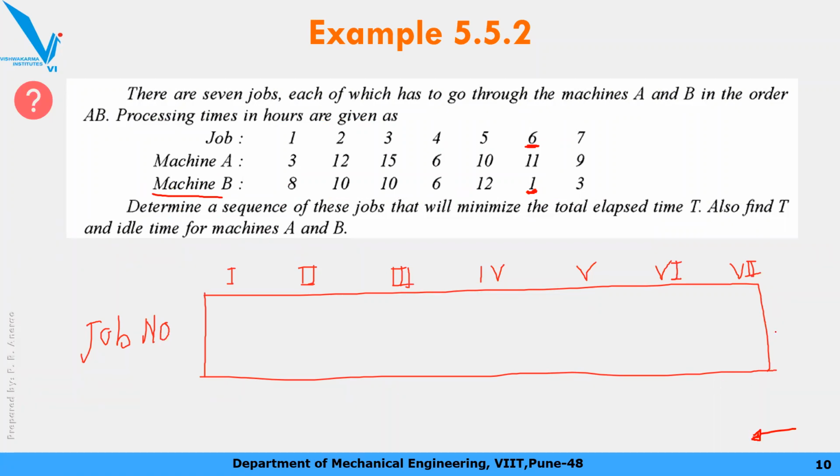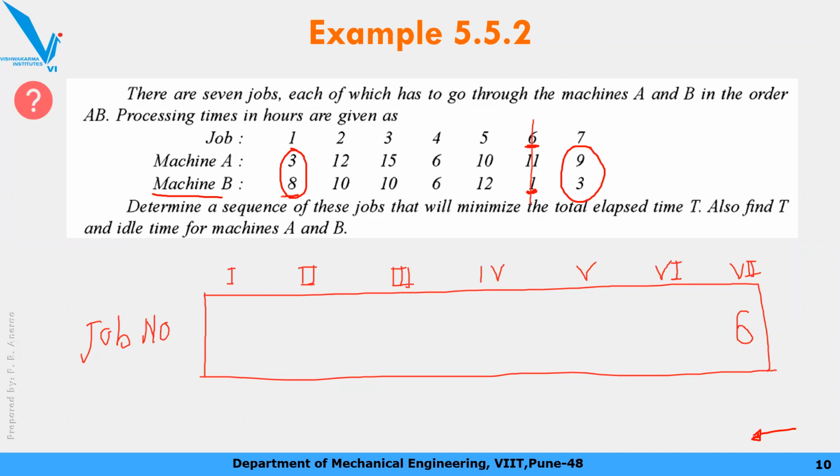Okay. So you assign job number 6 at 7th sequence. Okay. Then you cross out this. Its work is done. Next, minimum time. There is again a tie. 3 here and one more 3 here.